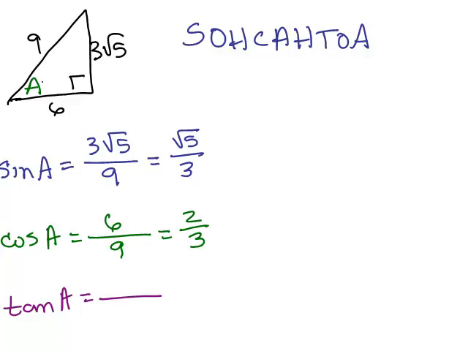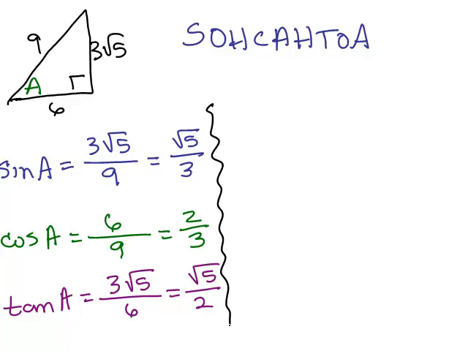So the leg opposite is over here at 3 square roots of 5. And the side adjacent is 6. And again, you can reduce the 3 and 6, so you have 2 in the denominator, square root of 5 over 2. So those are the values for the sine, the cosine, and the tangent.